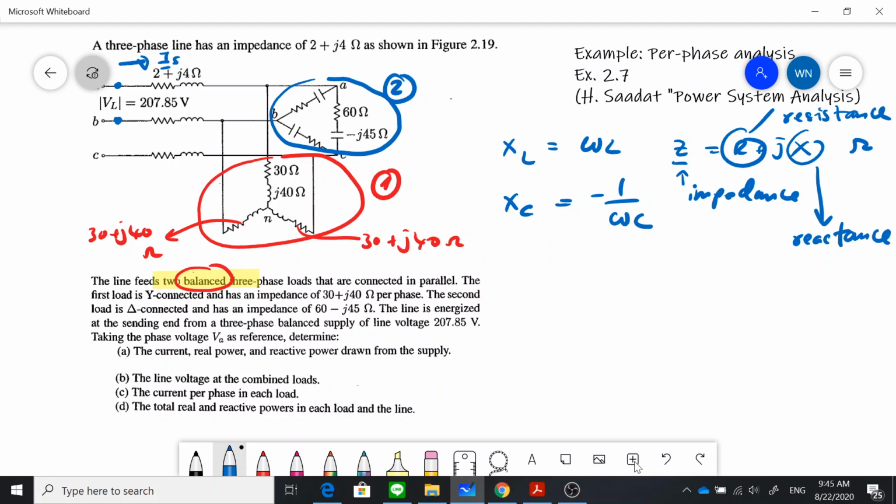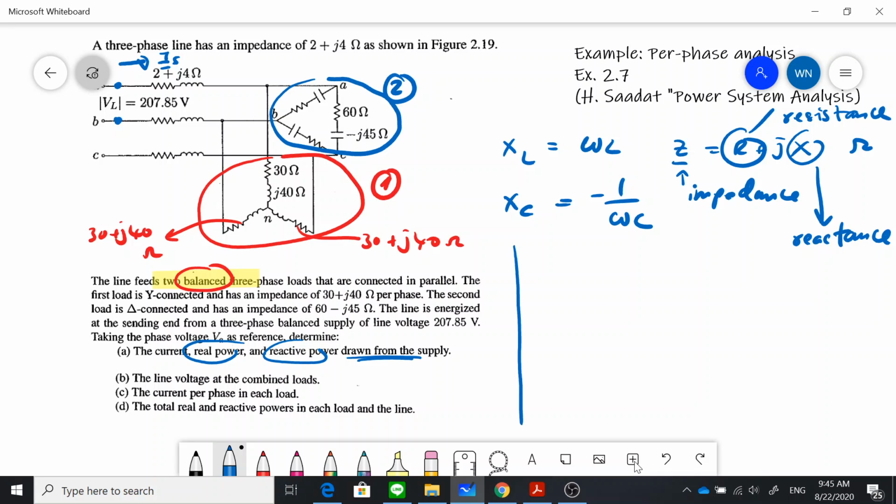That's why part A also asks you to find the real and reactive power drawn from the supply. The problem gives you the VL at this sending end, VL standing for line-to-line voltage.